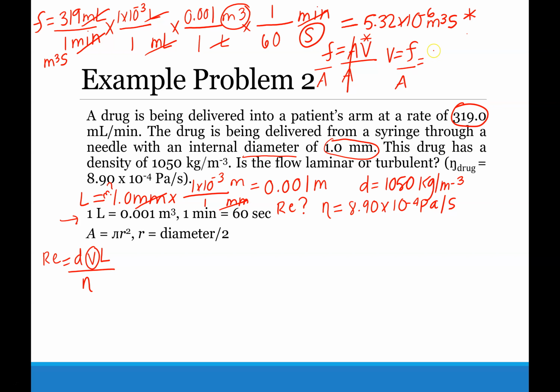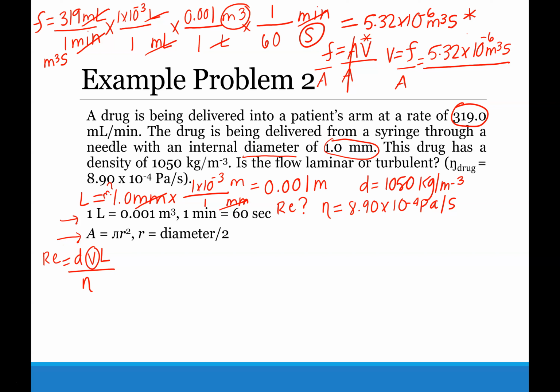So we know our volume flow rate already, which is 5.32 times 10 to the minus 6 meters cubed per second, divided by the area, which we don't know. But we're given some formulas here to try and calculate area.